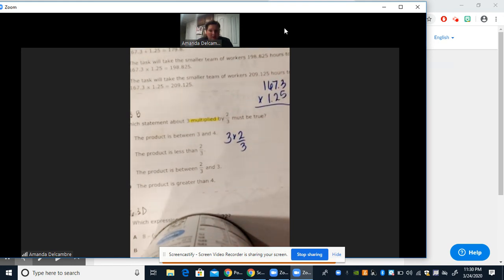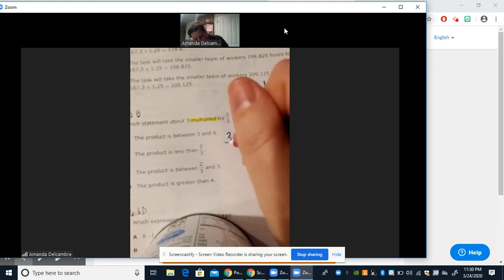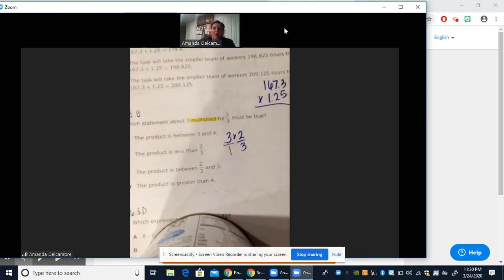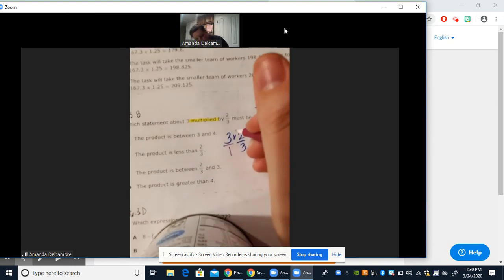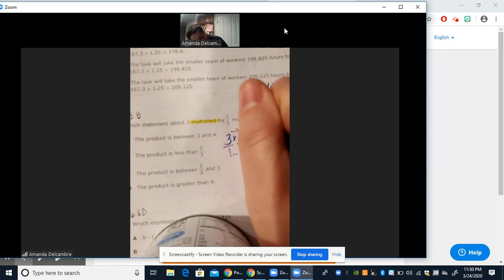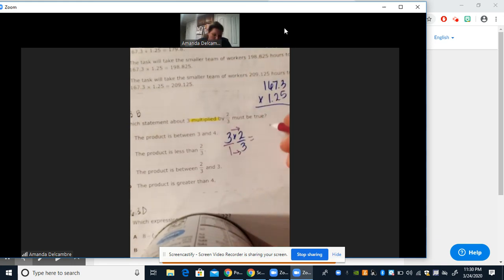Well, if we need to make 3 into a fraction, we just throw a 1 under it. When we multiply fractions, we multiply straight across. So 3 times 2 gives me 6, and 1 times 3 gives me 3. So I'm left with 6/3, and 3 can go into 6 2 times, which is equal to 2. So I know my answer is 2.